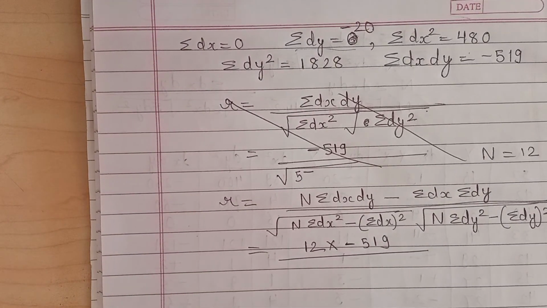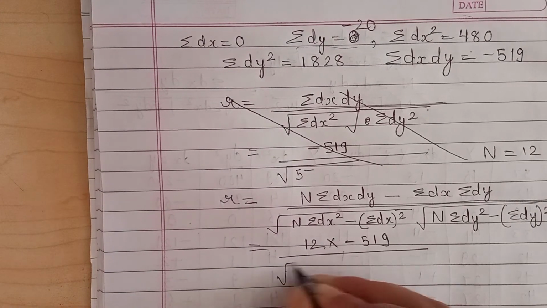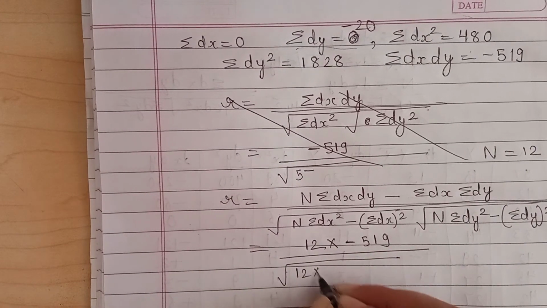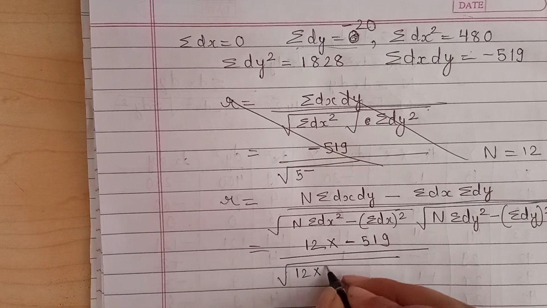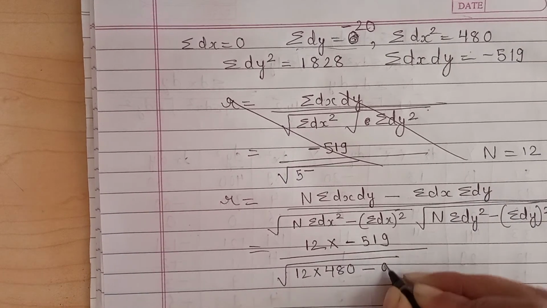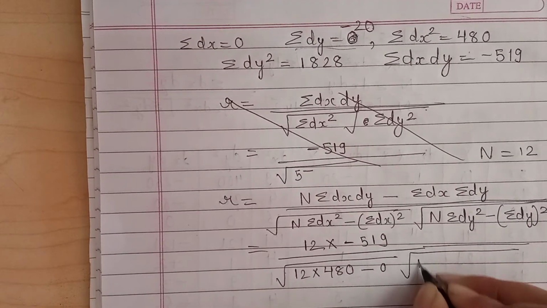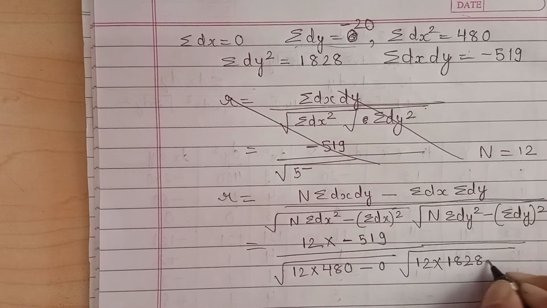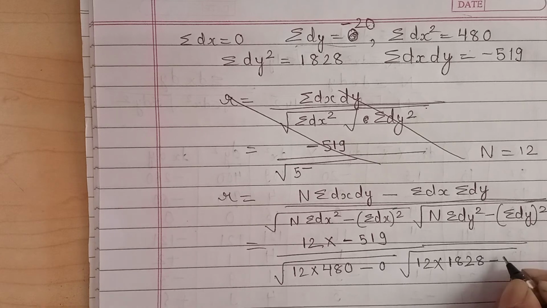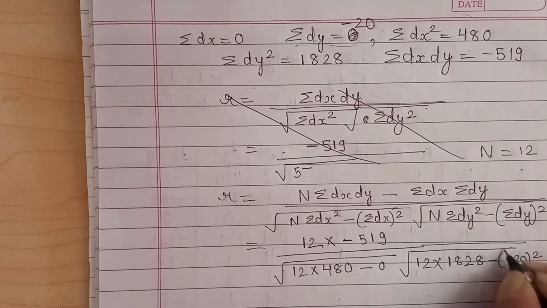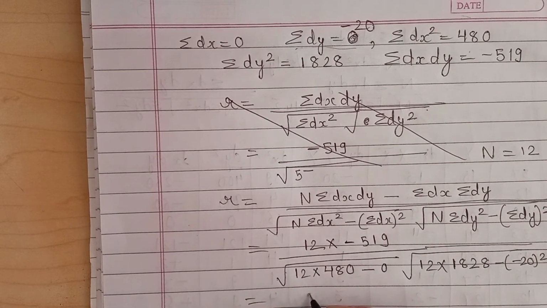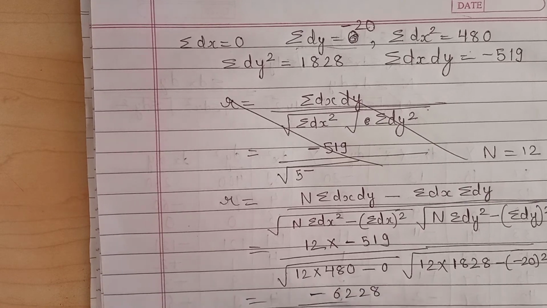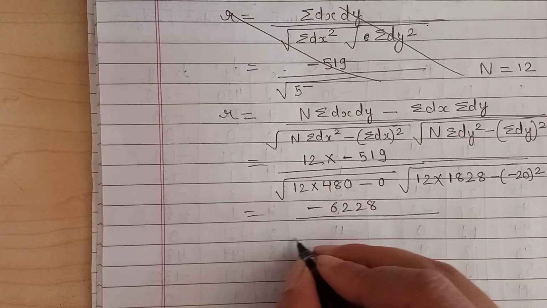Now if you do the calculation, here whatever values you put, that is 12 into summation of dx square 480 minus 0, then 12 into summation of dy square 1828 minus 20 whole square.